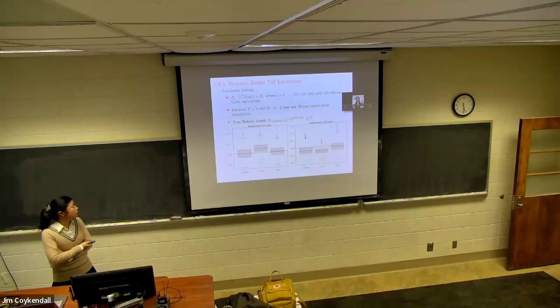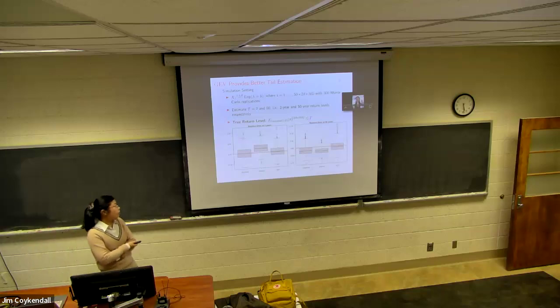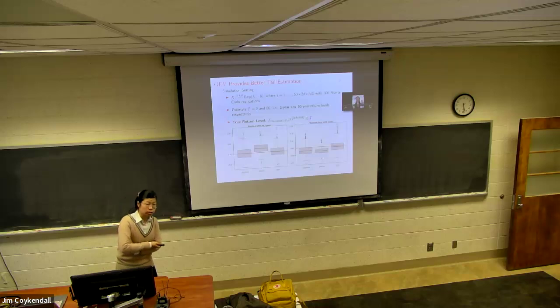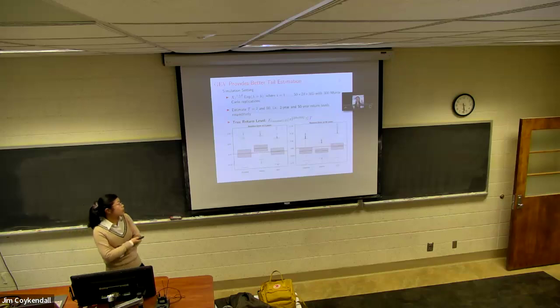And also we use GEV to see whether GEV is a reasonable distribution model. These two box plots show the relative error of 2 years and 50 years. The way we calculate the relative error is we take the estimation of 2 years or 50 years minus the true return level and divide by the true return level.